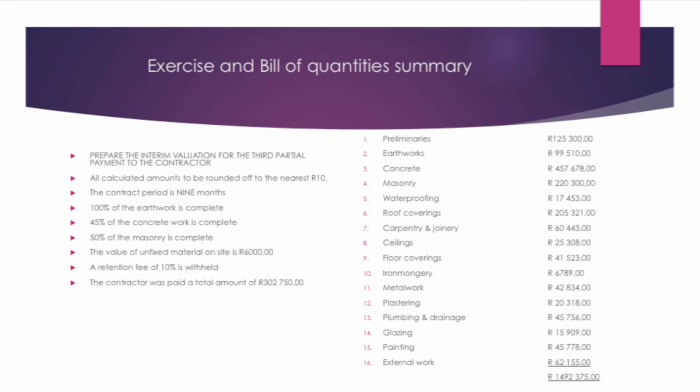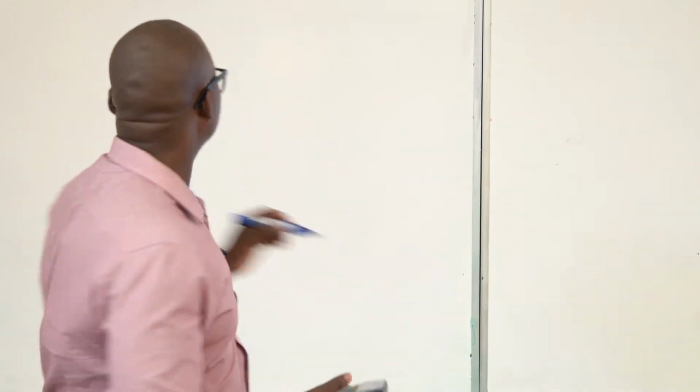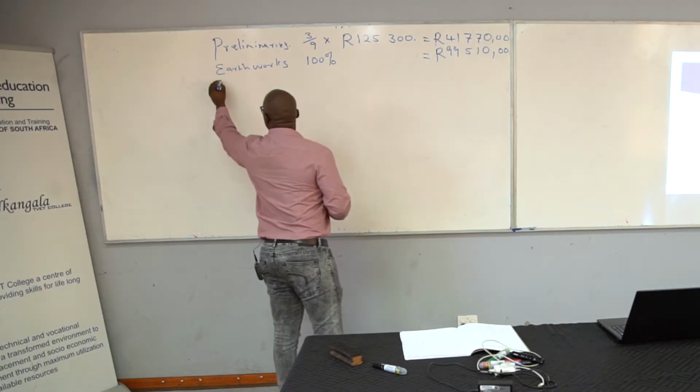Okay, now we are moving to the next one, which is the concrete. The concrete is only 45% work that has been completed. So we'll just have to work it out, the concrete as well.